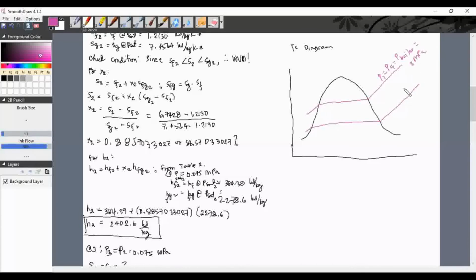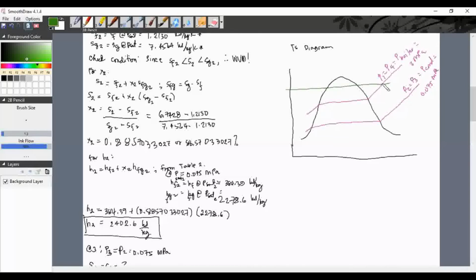And then we have P2 is equal to P3. Pressure ng condenser, which is equal to 0.075 megapascal. And then at point 1, no, meron tayong given na pressure. Ito, 3 megapascal and then temperature. O, project na lang natin.